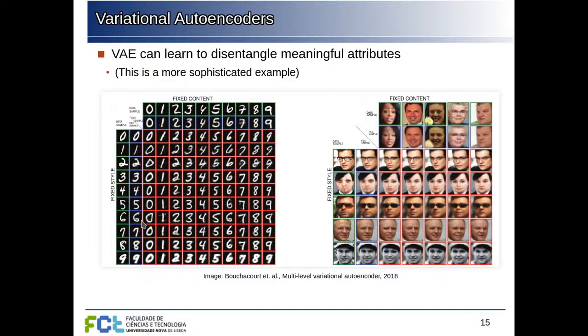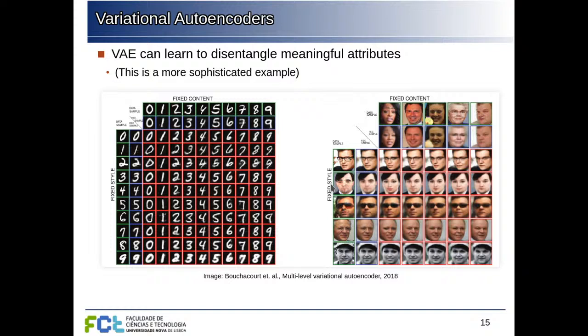And the other controls the style of the number. So if we combine, for example, the number 9 with this particular style, we get a 9 that is like italic and with a very narrow line. If we combine it with this style, we get a 9 that looks bold, and so on. So this is a more sophisticated version of variational autoencoders.